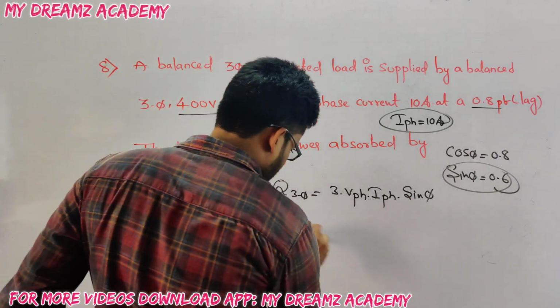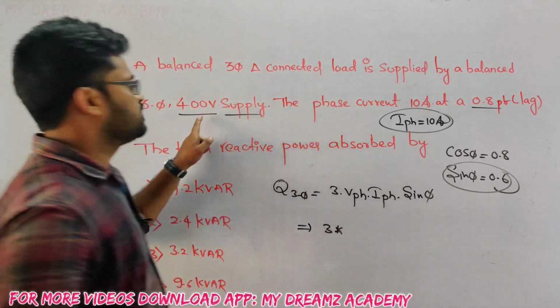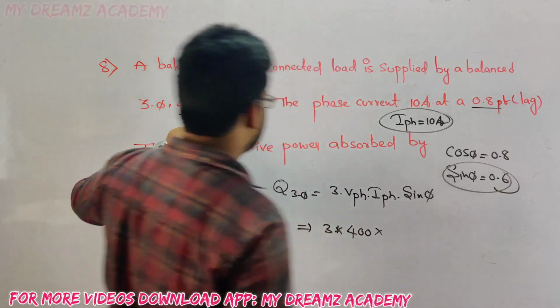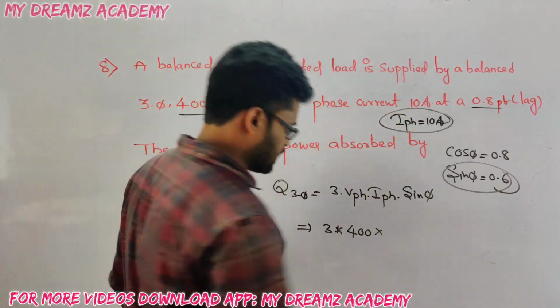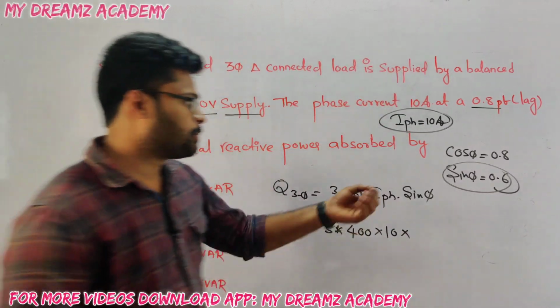Now, 3 into the phase value, which is equal to the line value here, so this is 400, into the phase current, 10 ampere, into sin phi value, 0.6.